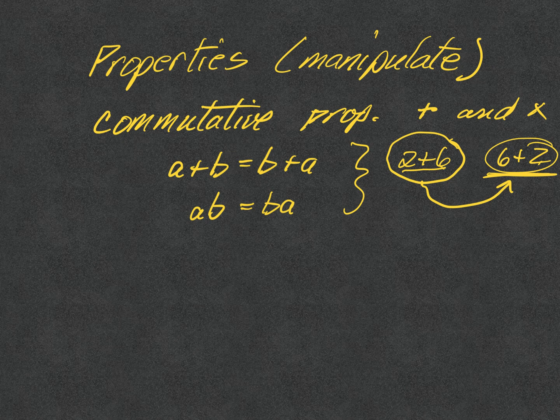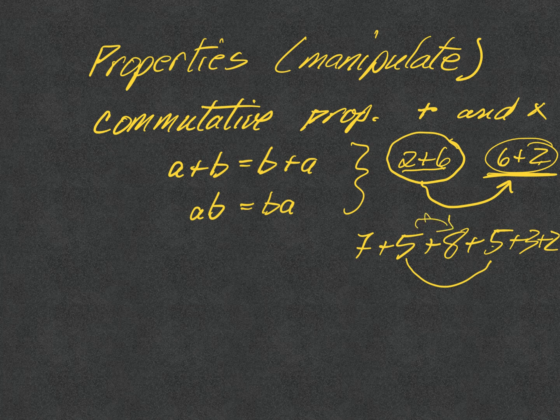Another place we use the commutative property would be, you might see something like this: 7 plus 5 plus 8 plus 5 plus 3 plus 2. All right? And you're supposed to add those all together. But what you do is you say, oh, wait a second. If I switch this 5 with this 8, then 5 plus 5 is 10, right?